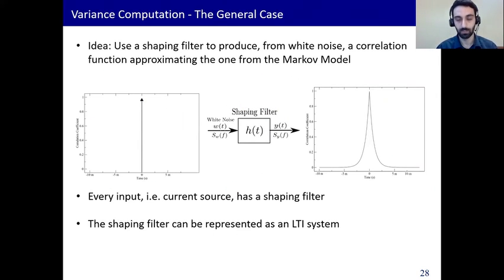So at this point, we have handled the special case when the inputs are white noise processes. Now we would like to handle correlated inputs. For that, we use an idea from communication systems, which is to use a shaping filter. A shaping filter is a system that takes a white noise process as input, whose autocorrelation function is an impulse at the origin, and produces at the output a process whose autocorrelation function is the one desired.